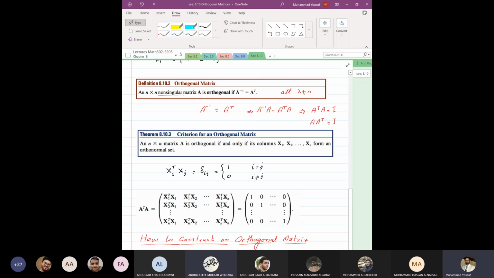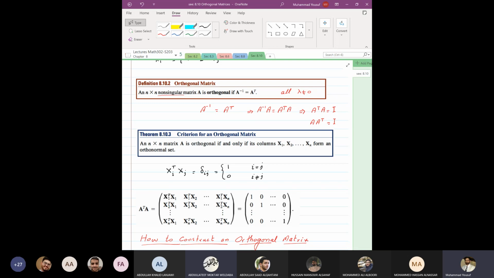It can be, but it's not. It's singular. Yes, this matrix is singular.